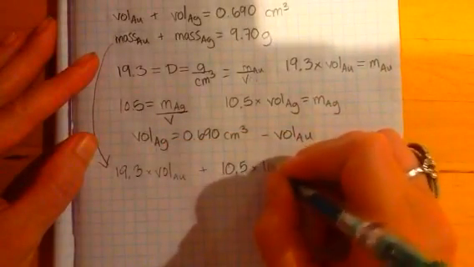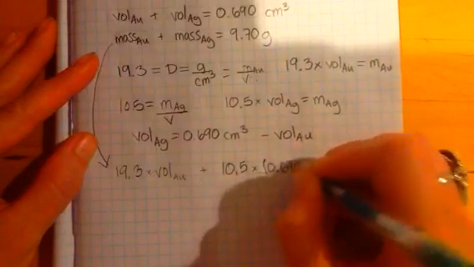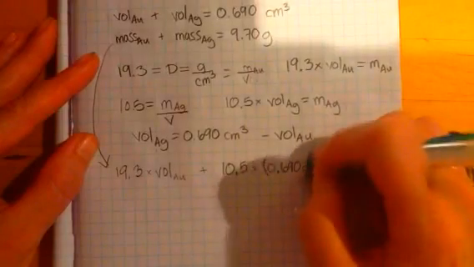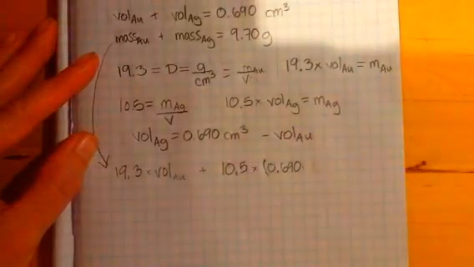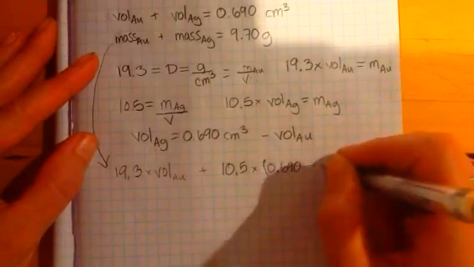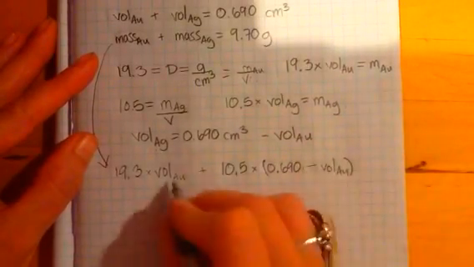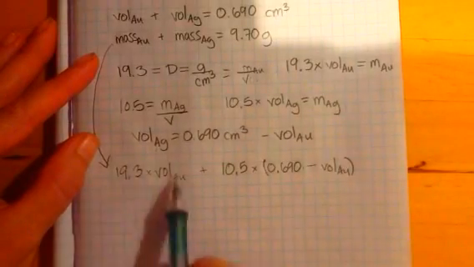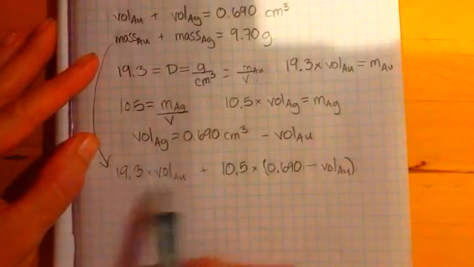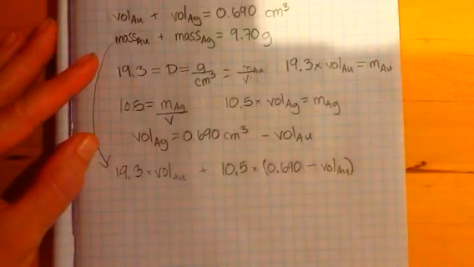So then we end up with 10.5 times 0.690 cubic centimeters. Actually, I'm going to leave out our unit for now, as far as leaving enough space. So now we only have one variable. This right here represents the mass of the gold, and this right here represents the mass of the silver.